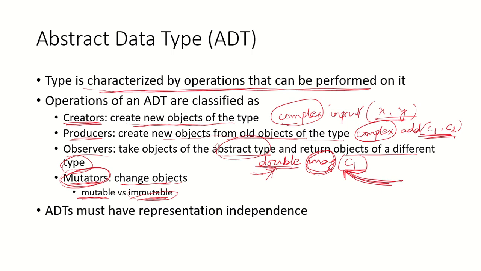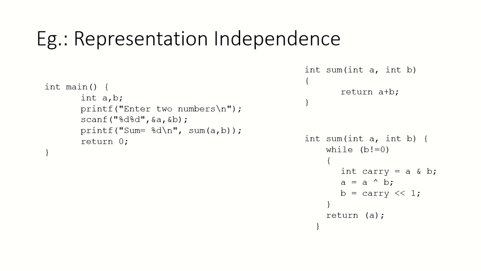Also, ADTs must have representation independence. What does representation independence mean? Suppose I have two integers a, b, and I am adding these two integers and printing the sum of a and b. That means I am using a function, sum of a, b.